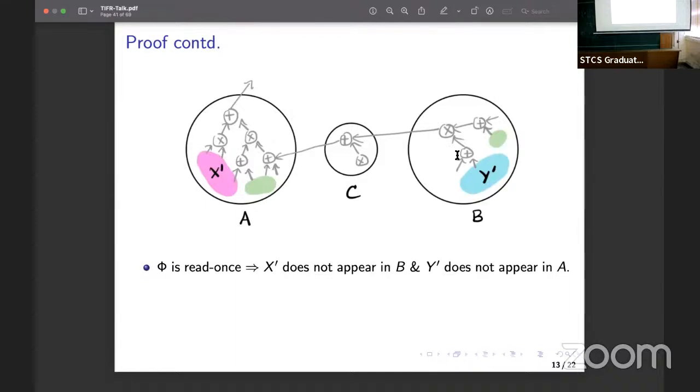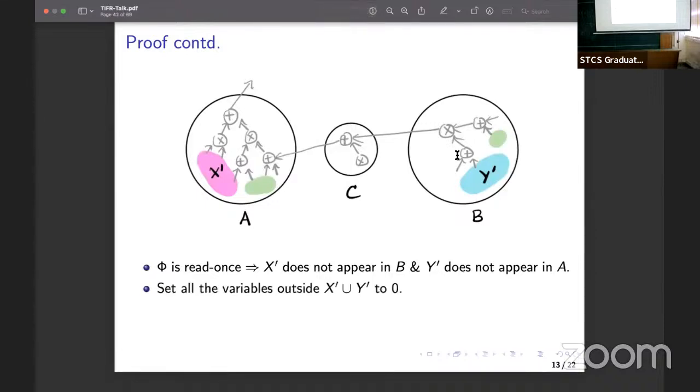There is a set of x variables inside A and a set of y variables inside B, and a bunch of other variables in green. Now this circuit was read-once, so these X prime variables cannot appear here and these Y prime variables cannot appear here. Maybe you should try and complete the argument.